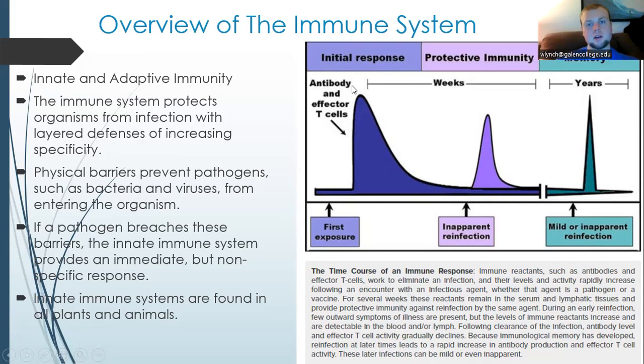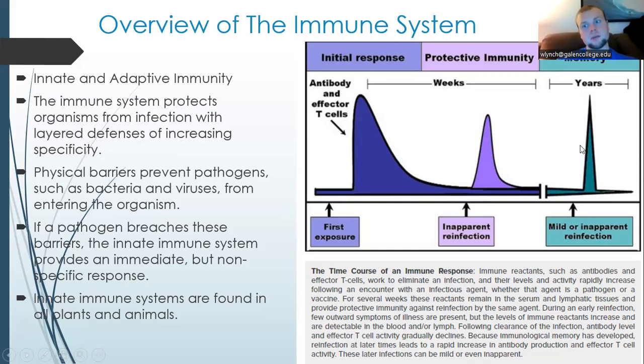Over time, we are going to be able to produce antibodies and effector T cells. If we come into contact with it again, notice how at this point our immune response is much faster. Instead of taking several days for the antibody and effector T cell population to start, within a few hours to a day that immune response is going to kick on again.